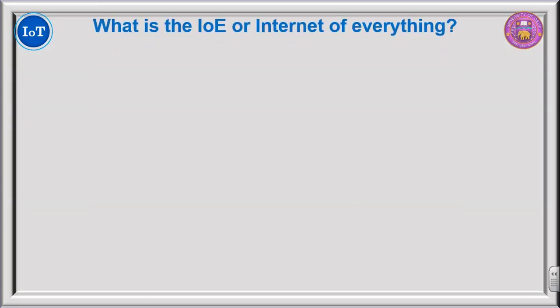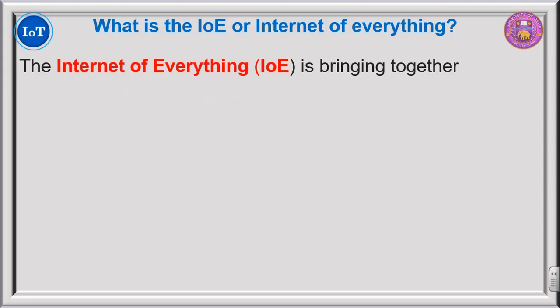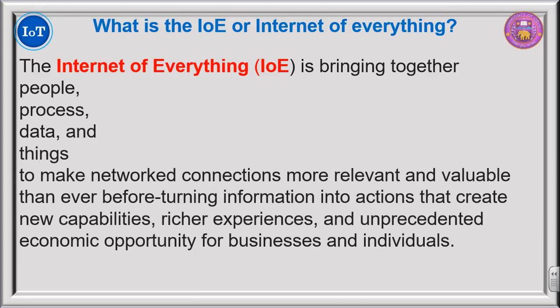There is one more concept, that is Internet of Everything. The Internet of Everything is bringing together people, process, data and things to make network connections more relevant and more valuable than ever before, turning information into actions that create new capabilities, richer experiences and unprecedented economic opportunity for businesses and individuals.